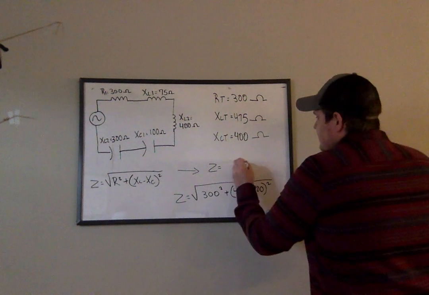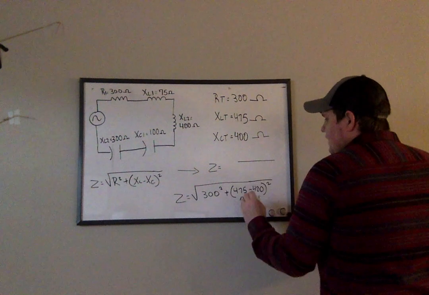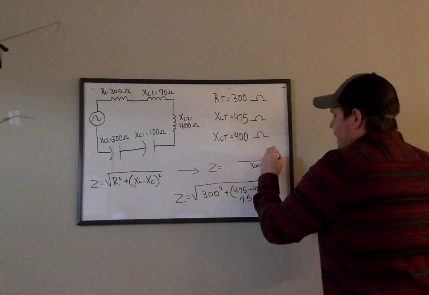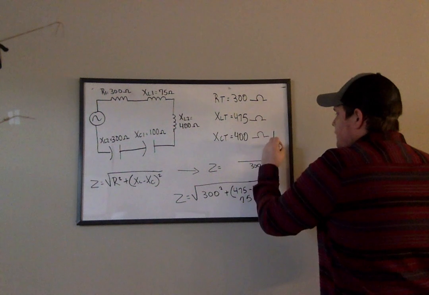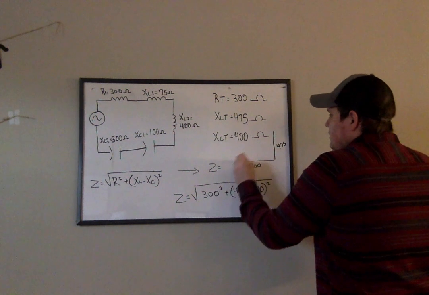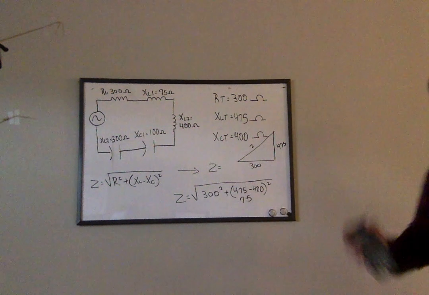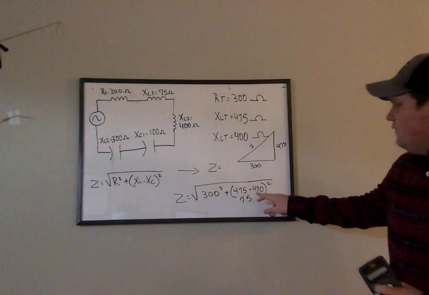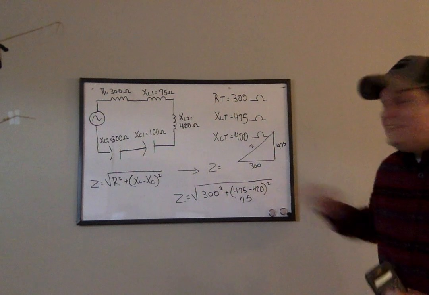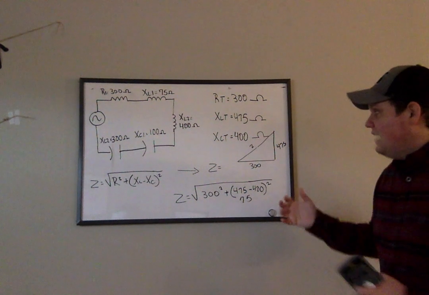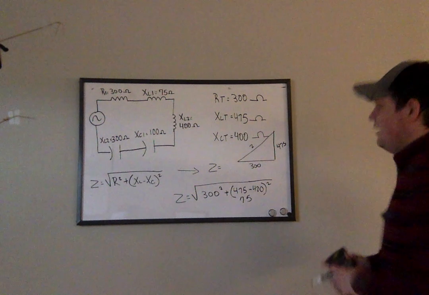Because think about it, if we plotted that as a triangle, I would have 300 here, and I would have 475 going way up here. And then I'd connect those, and that's the impedance. But now what I have done is I have added 400 ohms of capacitive reactance. So this side of the triangle is actually only 75.